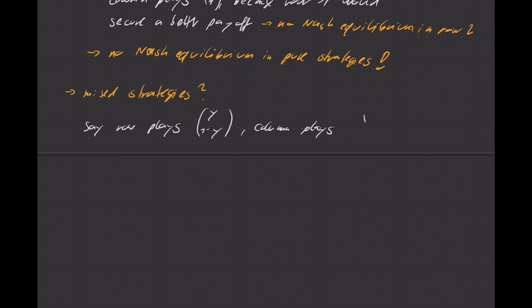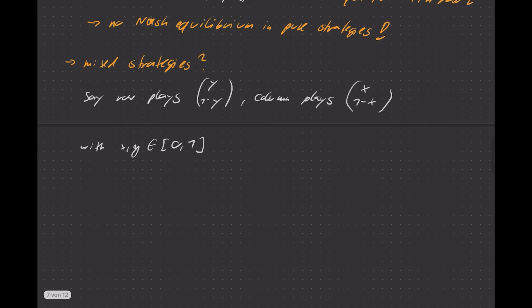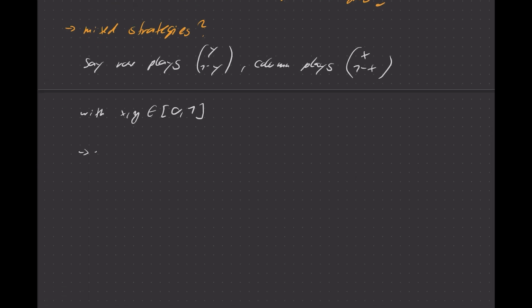Column plays x and 1 minus x, with x and y in the interval from 0 to 1. This covers all possible strategies of the row and the column player. Then what is the expected payoff?